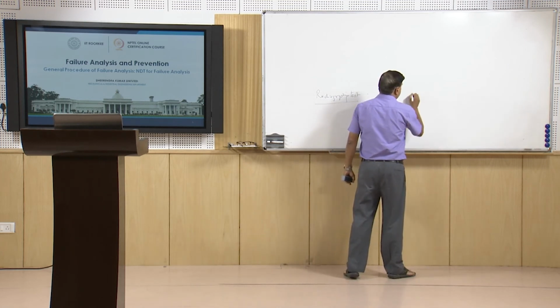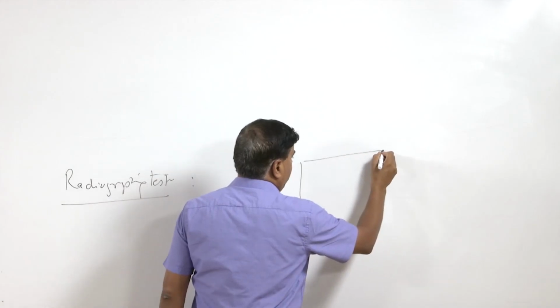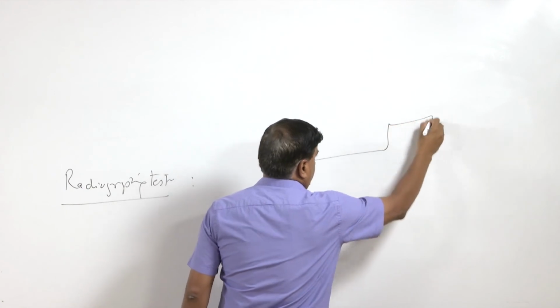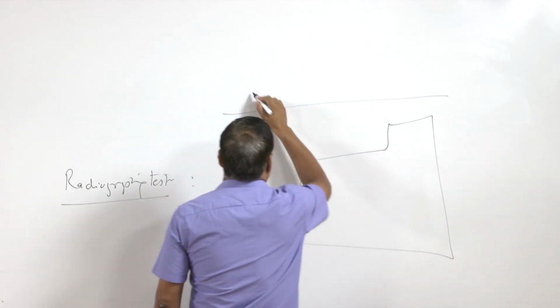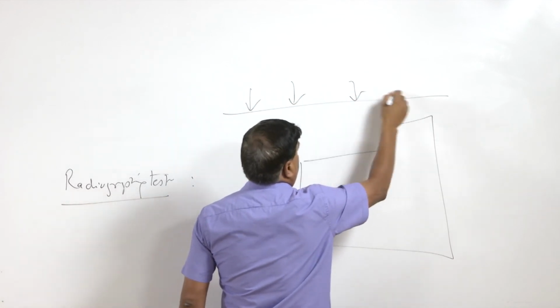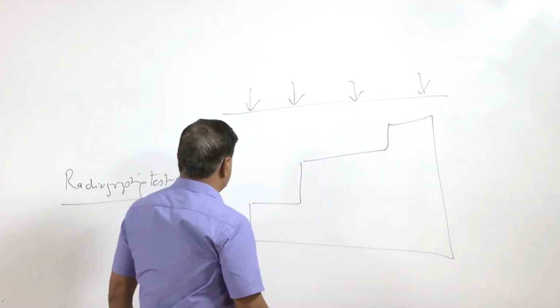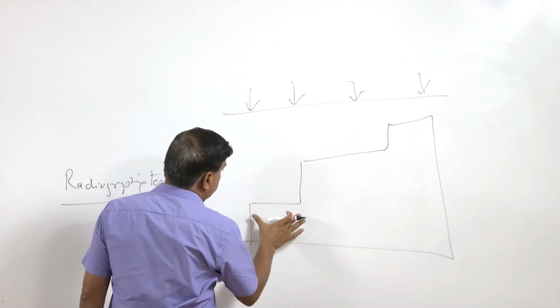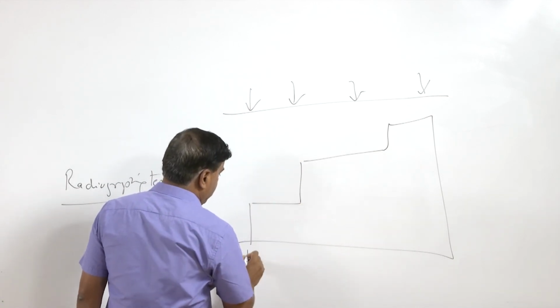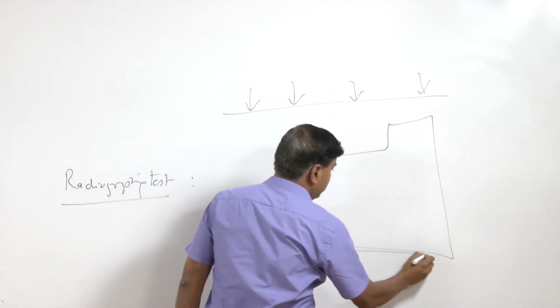Take one simple example here. This is the component subjected to the radiographic rays. Here mostly we have air, and this is the portion where the material will be passing the X-rays.